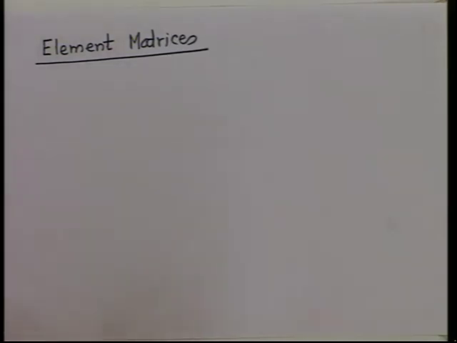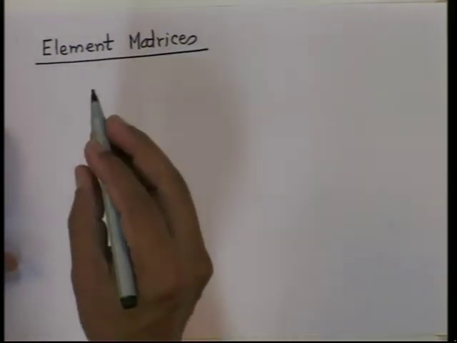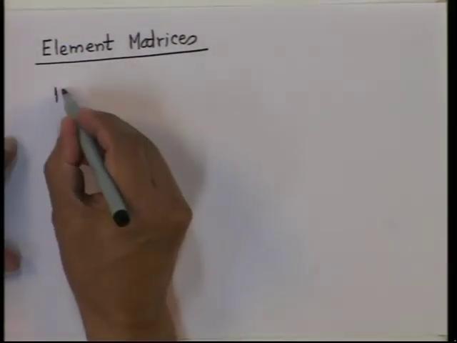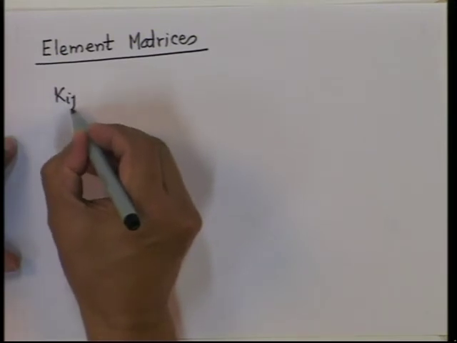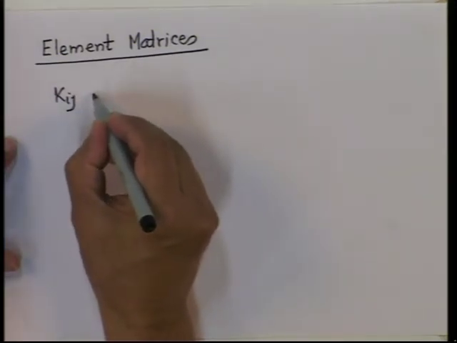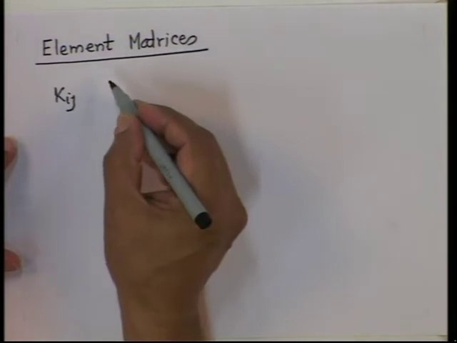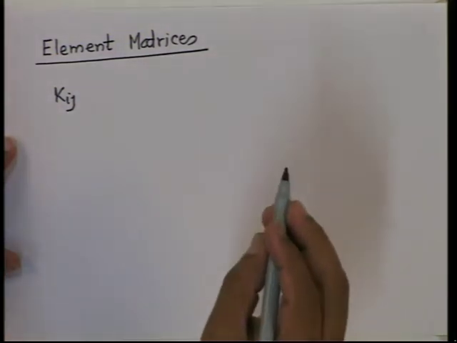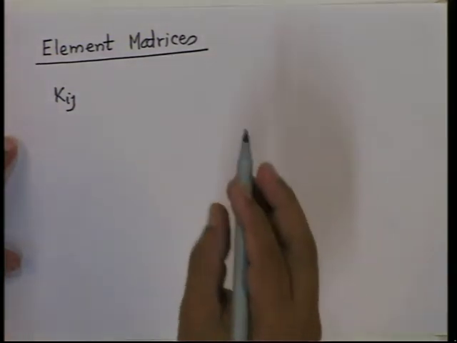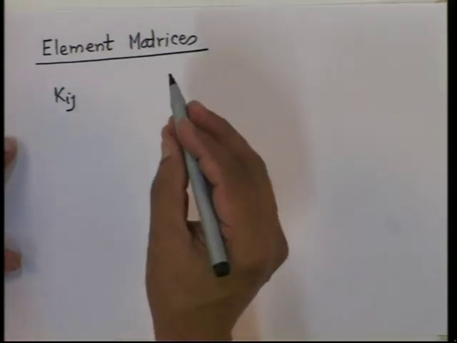Did we study the general formula? So, what was the general formula? K_ij, any term of the matrix, is given by k, where k is constant, of course.